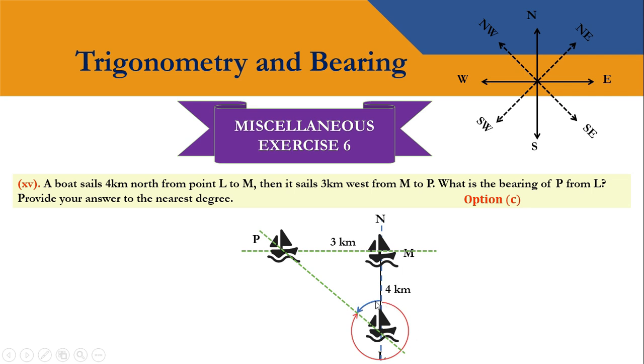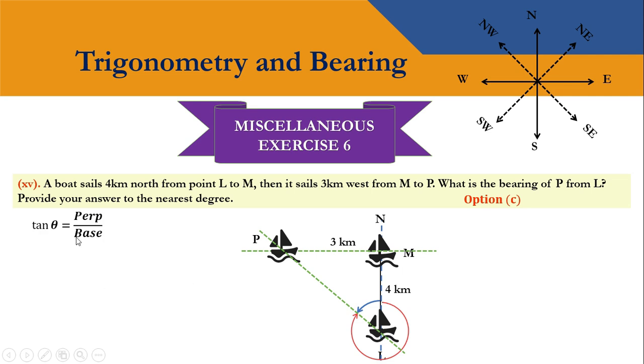So if we know this angle, the inner angle of the triangle, we can subtract that angle from 360 degrees to get our outer angle. To do that, we will use a trigonometric ratio. As you know, this side is the base and this side is the perpendicular, because this side is attached to the angle of the triangle.